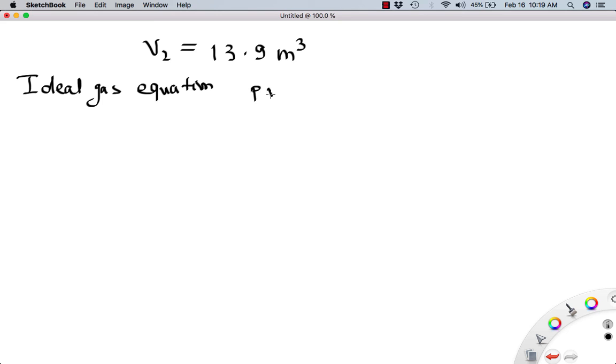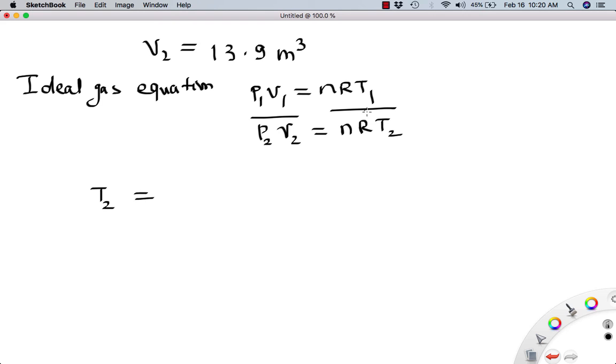So for the initial state and final state, we can write P1 V1 is equal to nRT1, and for the final state we can write P2 V2 is equal to nRT2. So divide these equations term by term, and then we get T2. nR and nR are constants, so we can cancel that.